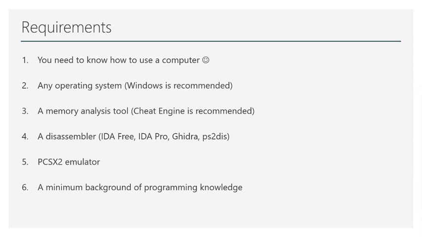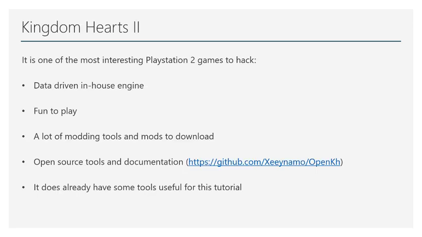Okay, those are the requirements, and why I decided to choose Kingdom Hearts 2 is because it's one of the most interesting PlayStation 2 games to hack, in my opinion.